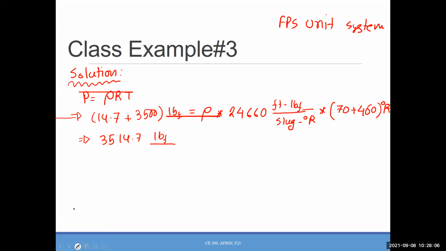I don't know why I wrote second square. That should be inch square. Now, inch is not the standard unit. What unit should I use? What is the standard unit of length? Good. And 1 foot equals 12 inches. So that's what I will use, or I will convert. Right?